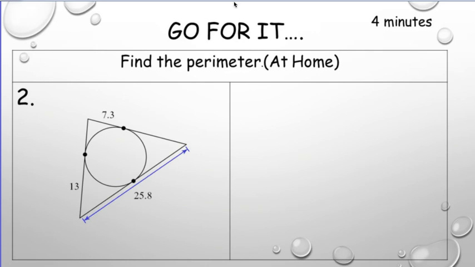It says find the perimeter. So perimeter means, if you see the word rim in there, add up all the sides. If you look at the type of lines we have here, our line segments, this is a piece of a tangent. And I know it's a piece of a tangent because right here is the point of tangency.